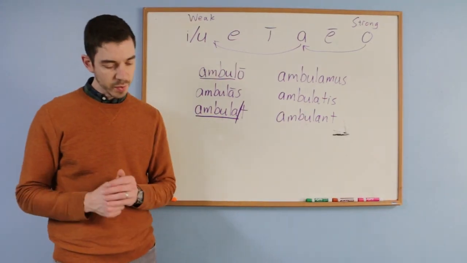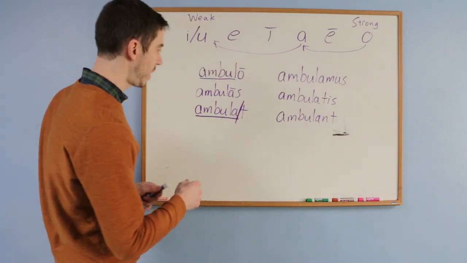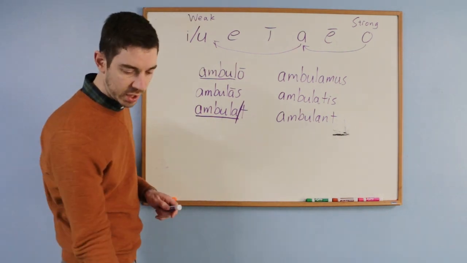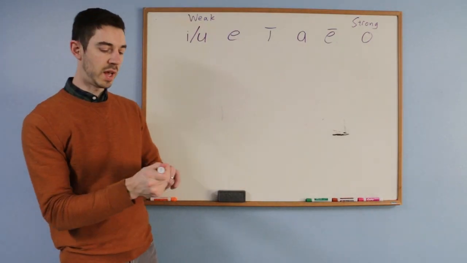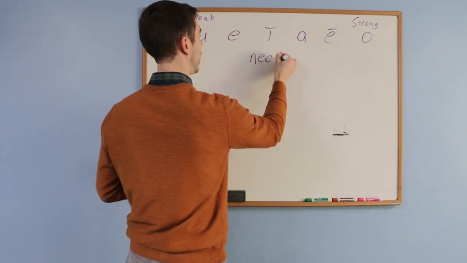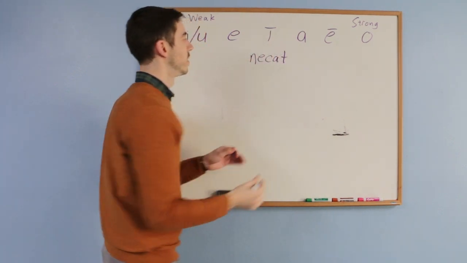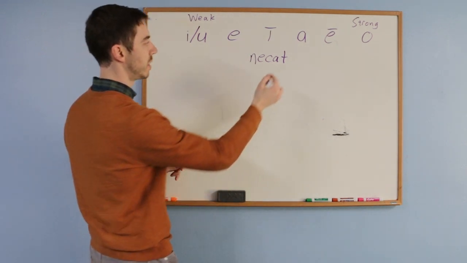All right, so let's flip ahead to page 202, the next page, and we'll conjugate neco together. All right, ready for neco. So I'll start by writing neco here. So this is how we memorize it, right? So let's figure out what the stem is.